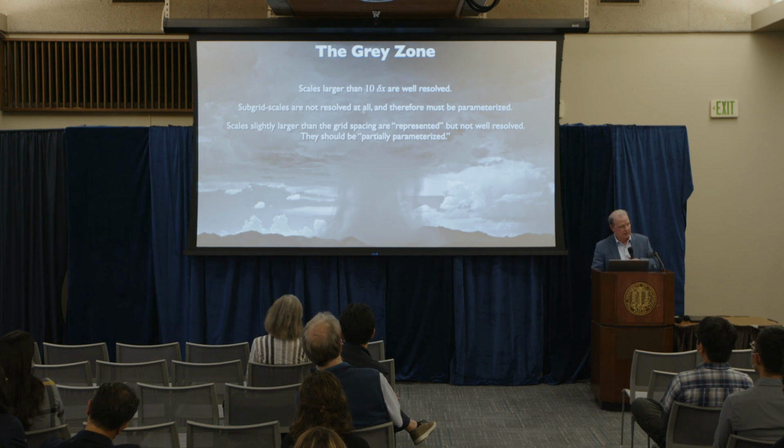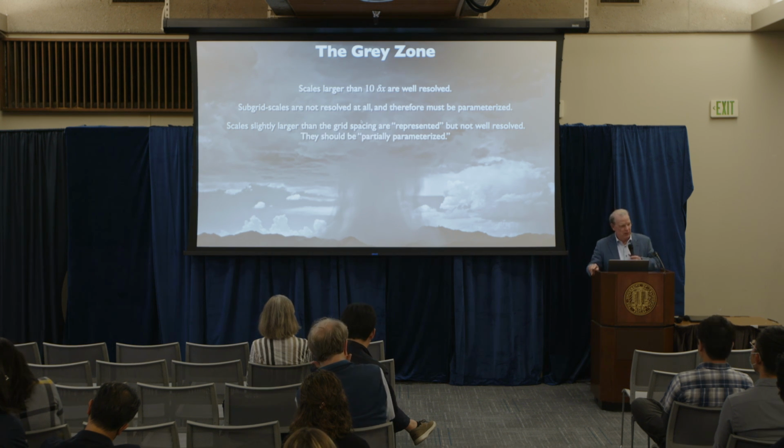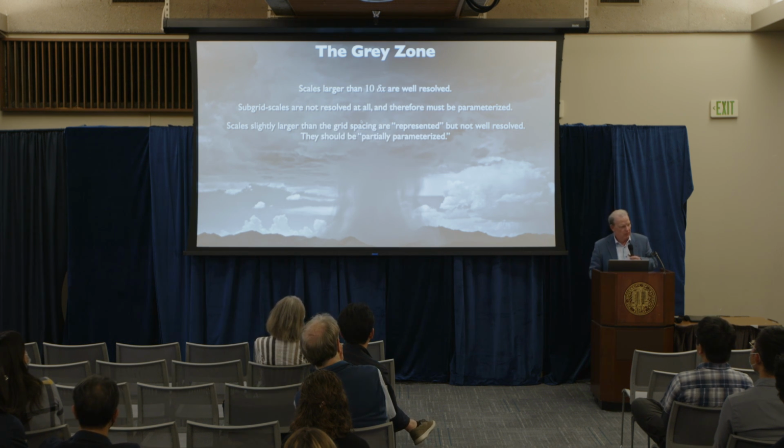Subgrid scales, that is, scales that are below even 1 delta x, are of course not resolved at all, and therefore have to be parameterized, no question about that. But there are scales that are just slightly larger than the grid spacing, and we can say that they're represented because you can see them. You can make numbers on the grid for those scales, but they're not well resolved, which means the equations don't predict their behavior accurately. So in a sense, they have to be partially parameterized.